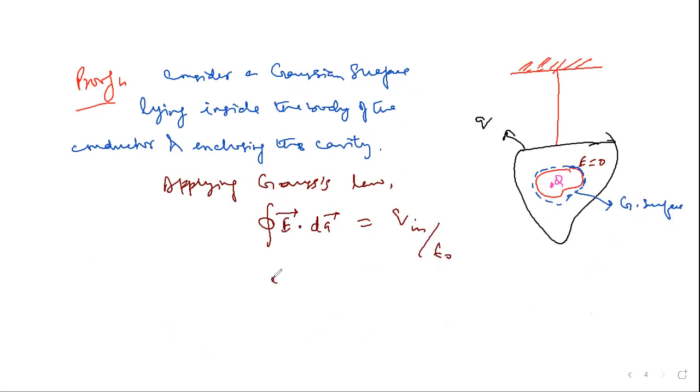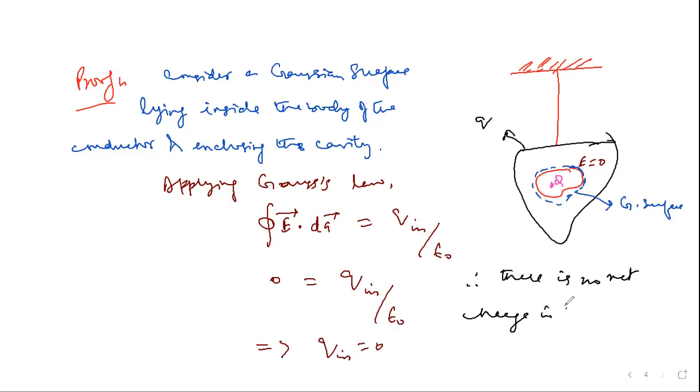Flux is 0. No electric line of force is passing through my Gaussian surface. So the charge inside the Gaussian surface is 0. Therefore, there is no net charge in the Gaussian surface.